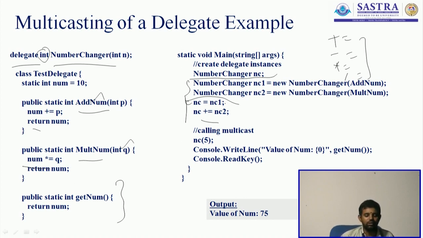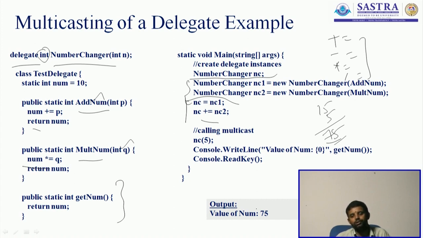At last, nc plus equal to nc2, as we have provided, gives us the provision for performing the multiplication. So 15 into 5, which is nothing but 75. That is going to be the outcome.